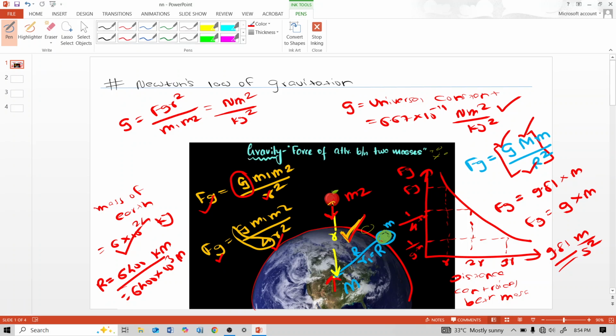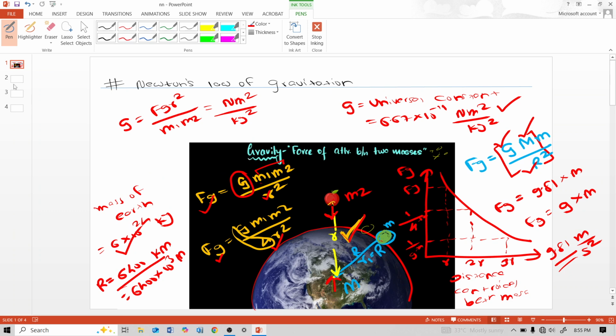So remember this formula: the force of gravity is equal to G, the gravitational constant, multiplied by the masses m1 m2 of both objects between which the force of gravity is acting, upon the square of the central distance between those objects.